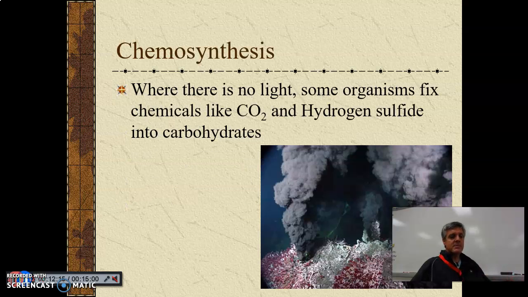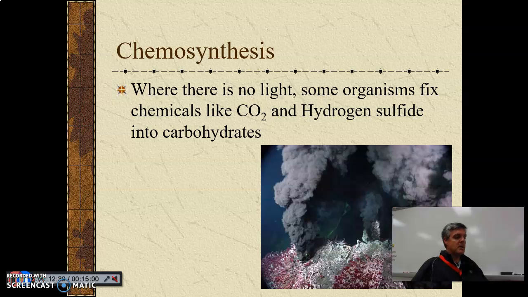For a long time, we thought that was the only way that ecosystems began and that food chains began, that energy began at the sun level, and the sun started the cycle with the plants. We ate the plants and so on. But then it was discovered down in the bottom of the oceans that there's another way that ecosystems can begin, and this is through chemosynthesis.